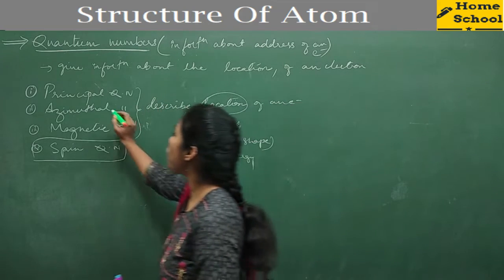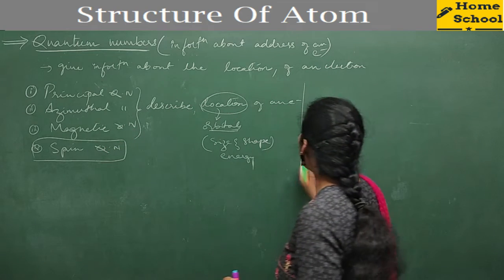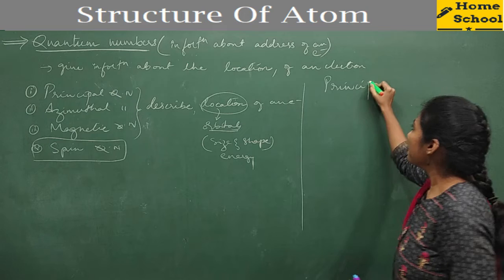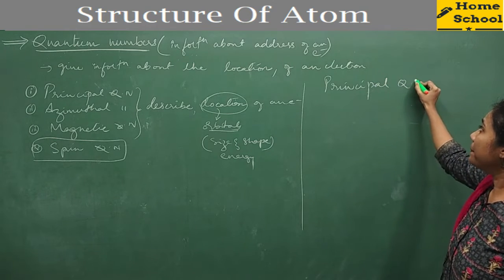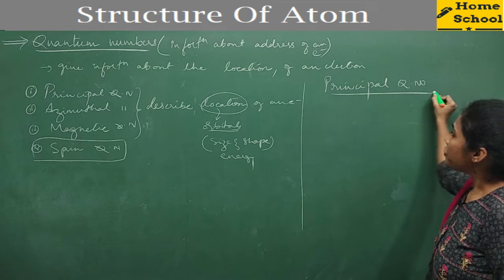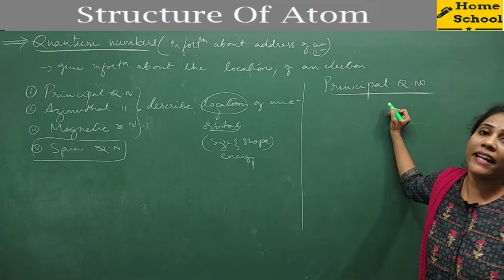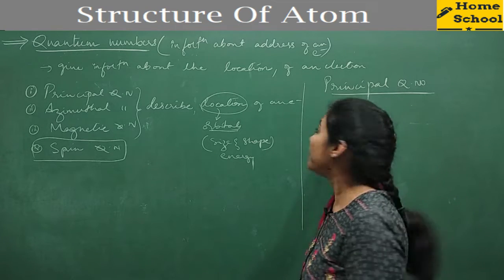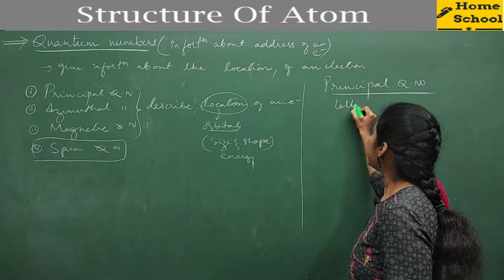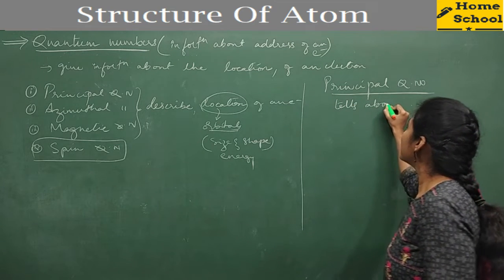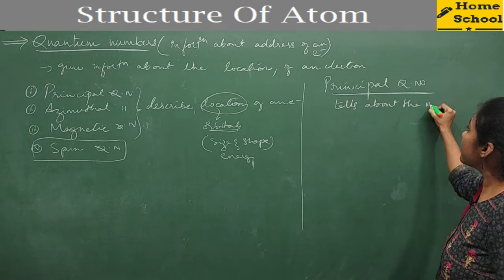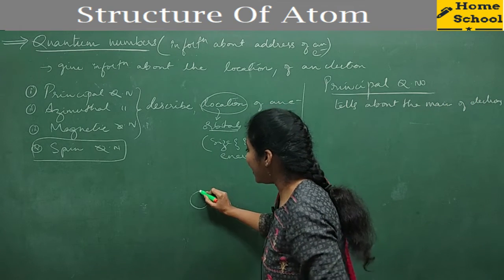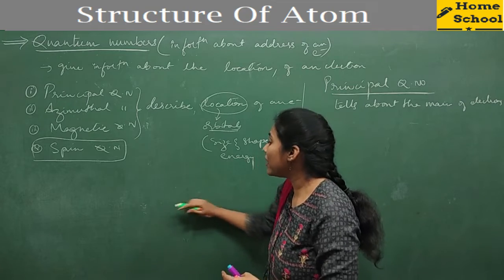First and foremost, let us go with the principal quantum number. The principal quantum number tells about the main shell of an electron. Imagine I compare an atom to a country.